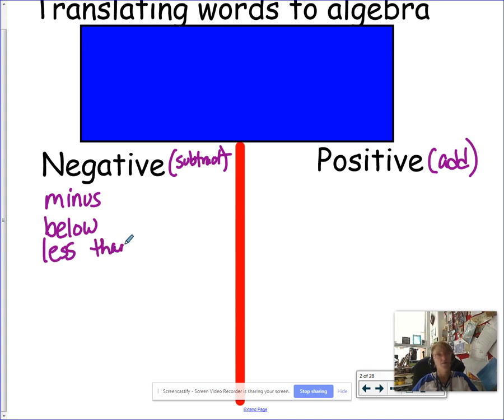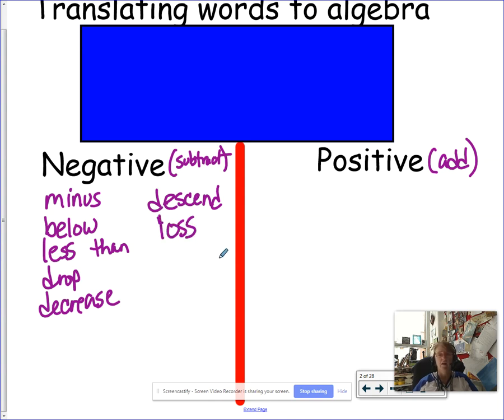You might see words like drop, decrease, descend is one, especially when we're talking about like planes or things that might go underwater. We got below, loss, thinking football, gains and losses of yards.